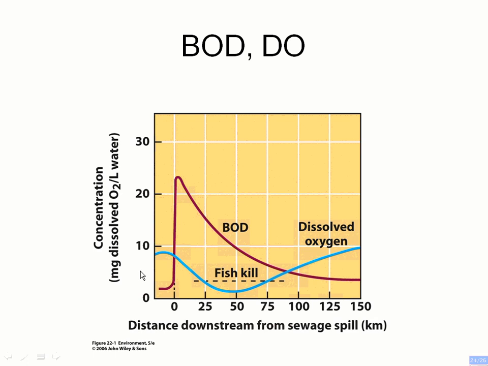As the biological oxygen demand increases, the DO, the amount of dissolved oxygen, decreases. And as you get further away from that sewage spill, the dissolved oxygen is going to increase again. So these are inversely related. And remember, if a body of water is lacking dissolved oxygen, as I said 2 seconds ago, it's called hypoxic.